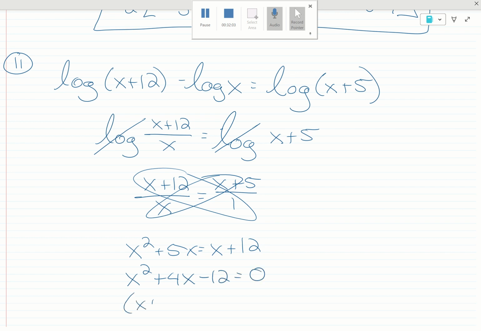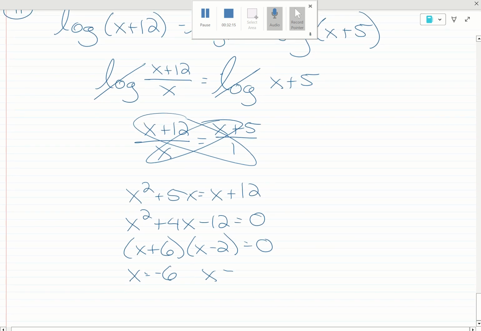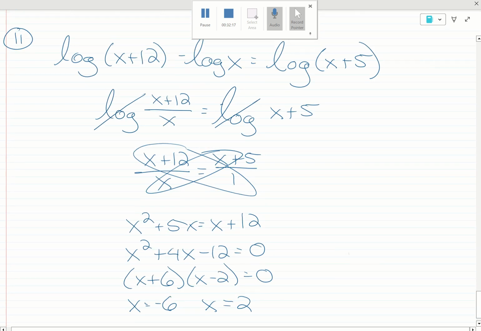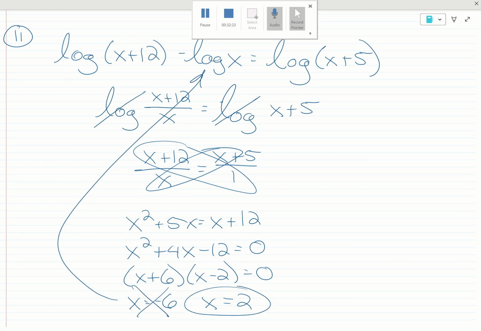So let's go ahead and factor with x plus 6 and x minus 2. So it looks like our answer could be -6 or 2. The only problem is -6 gives us a negative log, so that's not going to work. The only answer would be 2 here.